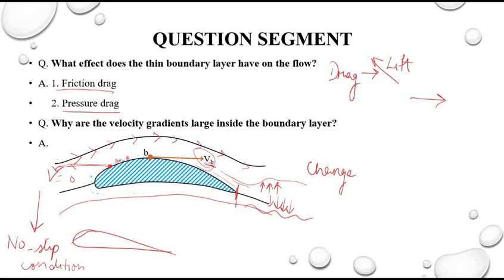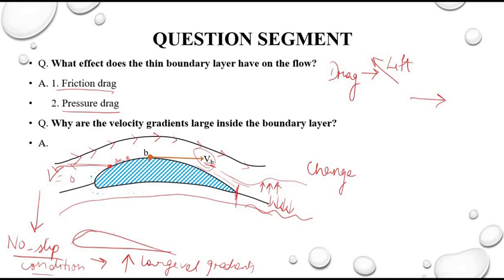And this no slip condition is the cause of large velocity gradients.